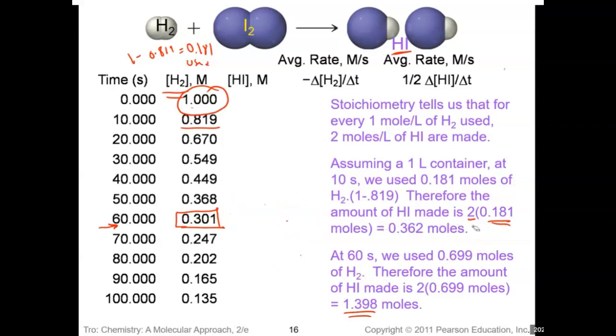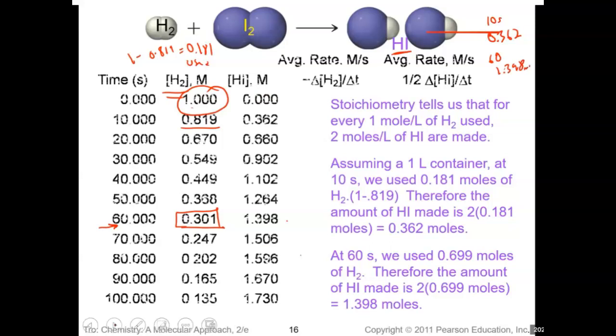And that is going to become very important because remember these two numbers. So at 10 seconds, we had 0.362 moles, and at 60 seconds, we calculated 1.398 moles. Here's how I got all those numbers.